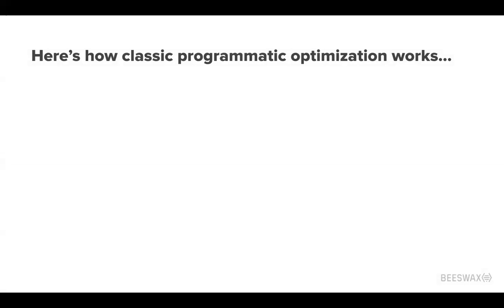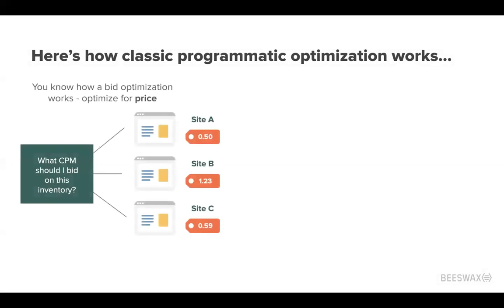So in terms of how classic programmatic optimization works, we're all familiar with bid optimization, which is around how to optimize your bid price depending on the attributes of the inventory.